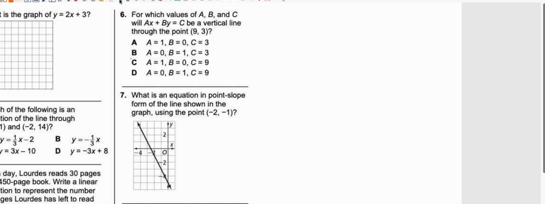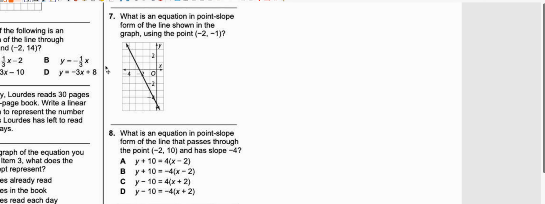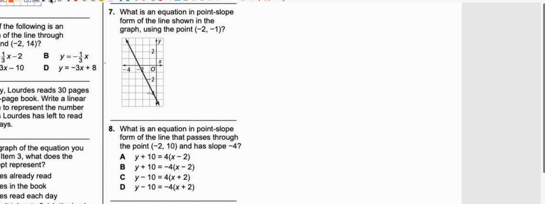All right. Number 7: write an equation in point slope form of the line shown in the graph using point (-2, -1). They give us a line with several points, but they tell us to use (-2, -1), which is this one right here, okay? So now I just need to use the line to find the slope.